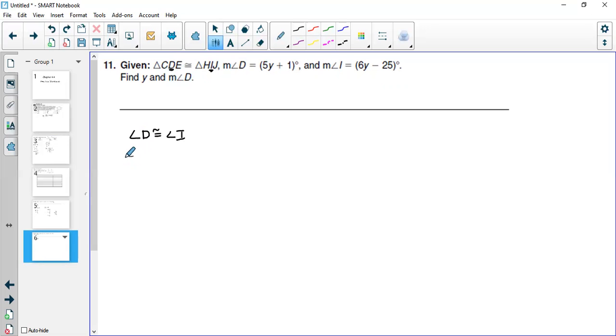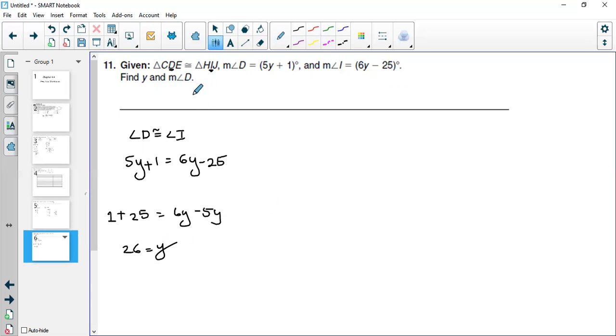So angle D is 5y plus 1 and angle I is 6y minus 25. So that means, let me move the number, that's going to be 1 plus 25. 6y minus 5y is going to give me a y. So y is going to be 26. So the value of y is 26.